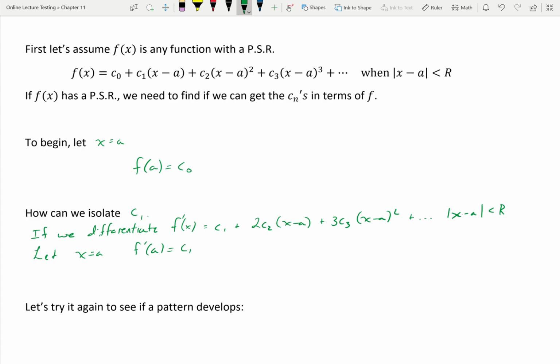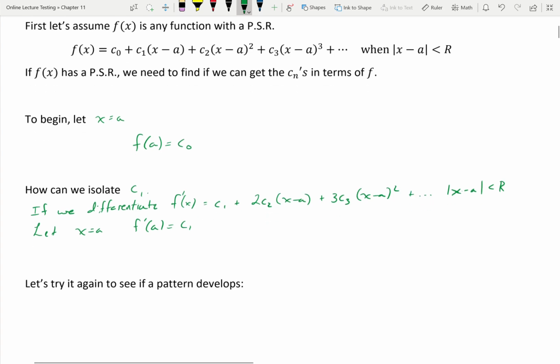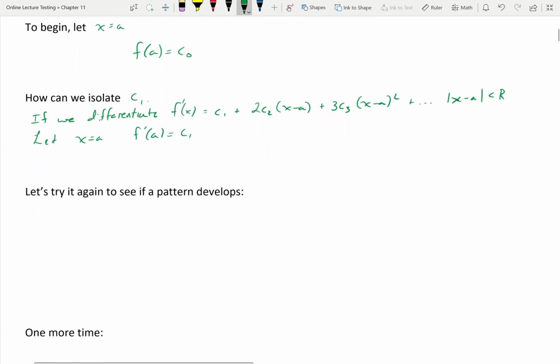If we differentiate again, what do we get? f double prime of x is equal to, now c1 is a constant so it goes to 0, and the derivative of x minus a is just 1.